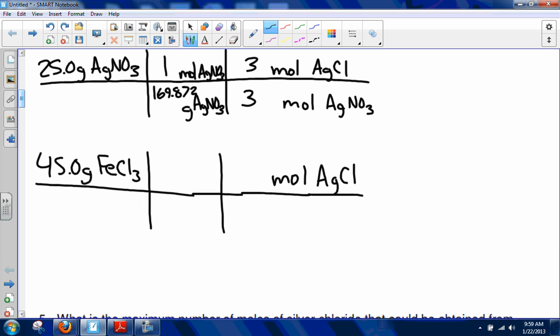Okay, so let's go ahead and solve this problem. 25 times 3 is 75. And 3 times 169.872, I can't do in my head. 509.616. Okay. Top divided by bottom.